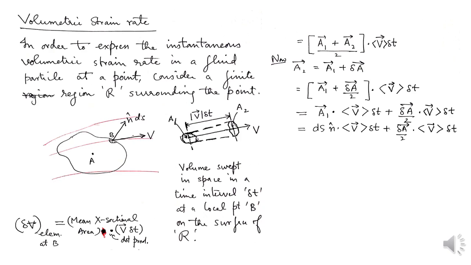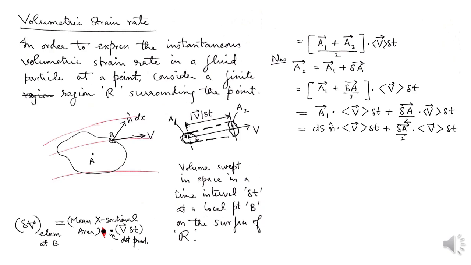A1 plus delta A by 2 dot with mean velocity delta t, and I open this out so that I get two terms: A1 dot mean velocity delta t plus delta A by 2 dot mean velocity delta t.